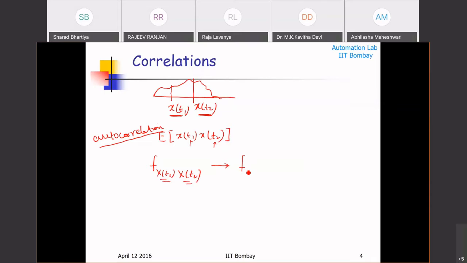If that is the case, I will write this as T, and the next variable I will write as T plus tau. So you see that I have got rid of what is T1 and T2. Such processes, if it just depends on the distance between T1 and T2 and not the value of T1 and T2 itself, are known as stationary processes.